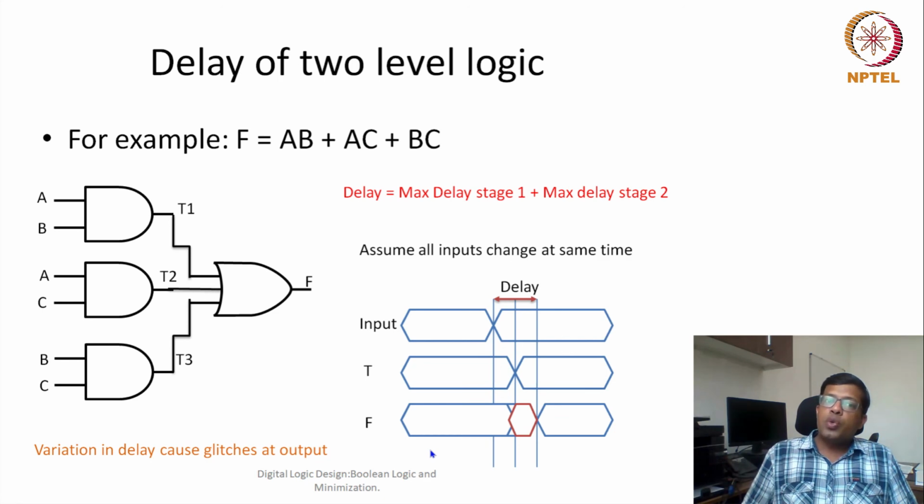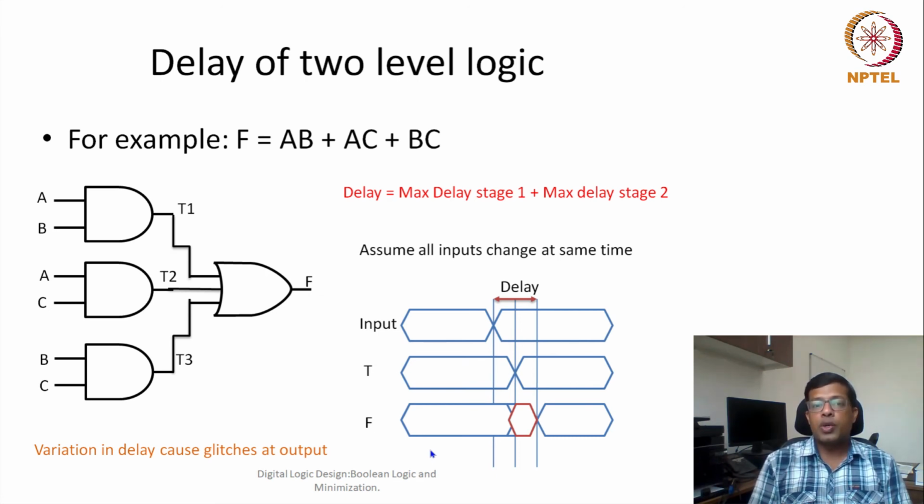It would lead to uncertainty. That means we will never know whether the output is corresponding to the previous change or a new change. So that is why it is always desirable, not only desirable, it is important that the input should not change.